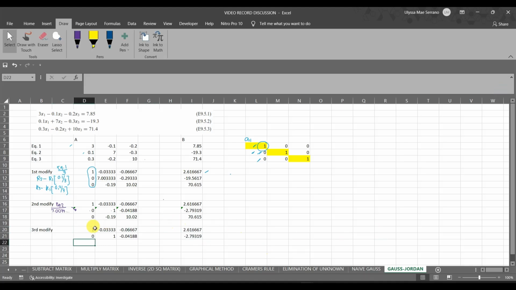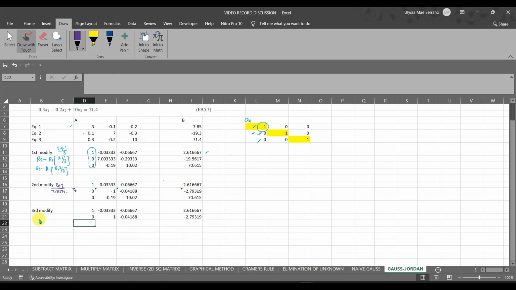We're going to make this data 0. So row 3 minus row 2 multiplied by negative 0.19 divided by 1. And dahil hindi mababago yung ating selected, this will be our data.